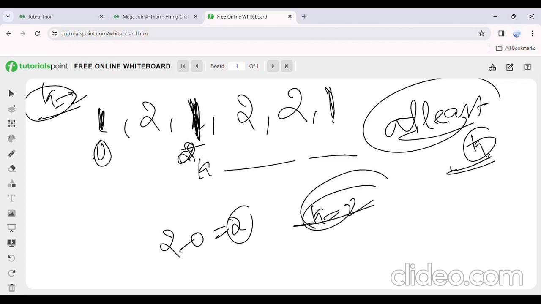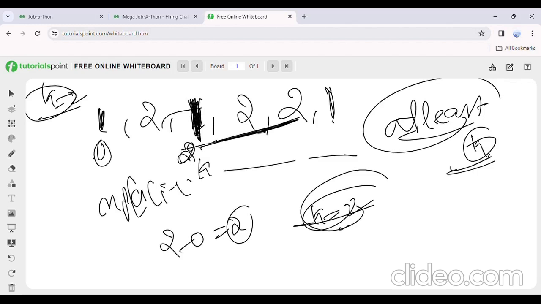So what I am doing is, I am moving from here, and I am doing MP of A of I minus k, meaning I is equal to 2, and I am incrementing that value.